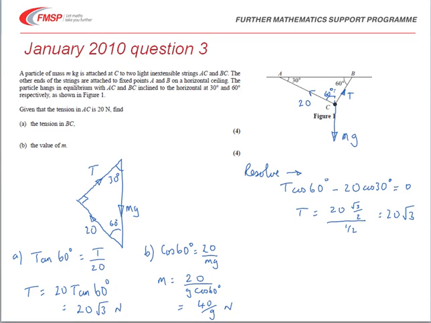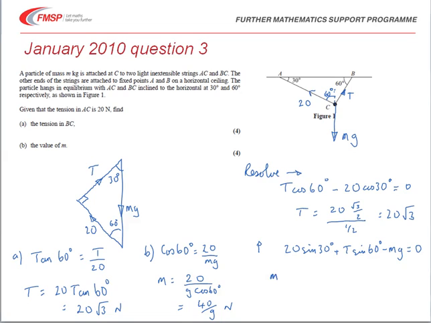For the second part of the question, resolving in a vertical direction, we have got 20 sine 30 degrees plus T sine 60 degrees minus mg equal to 0.